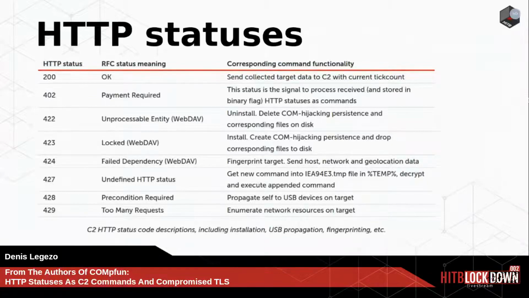This is how they use it. The most popular status is 200, as you see on the first slide. It's just the way to say okay: the command server has to reply once with a normal HTTP status. All the others are not so popular.